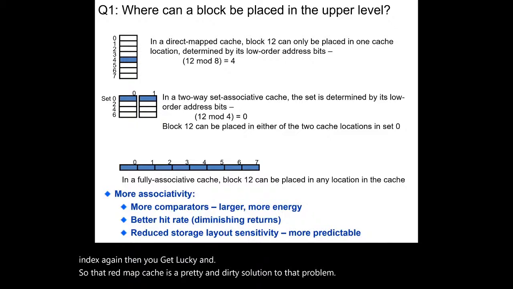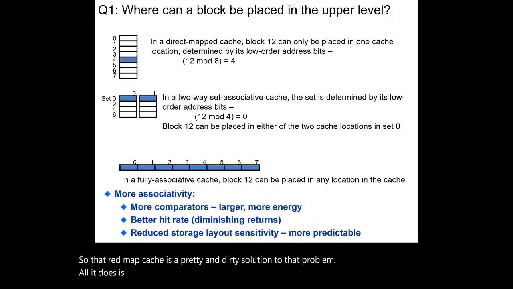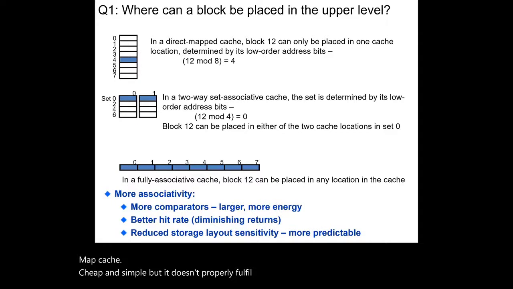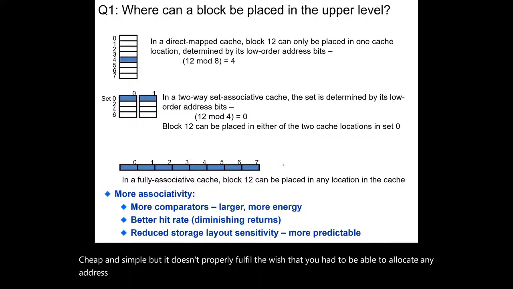All it does is it works. The direct mapped cache is cheap and simple, but it doesn't properly fulfill the wish that you had to be able to allocate any address without prejudice.